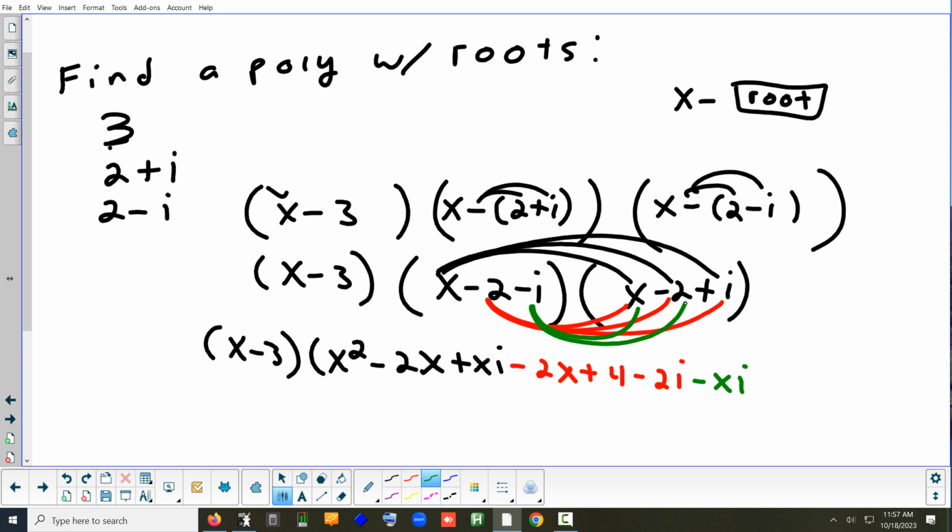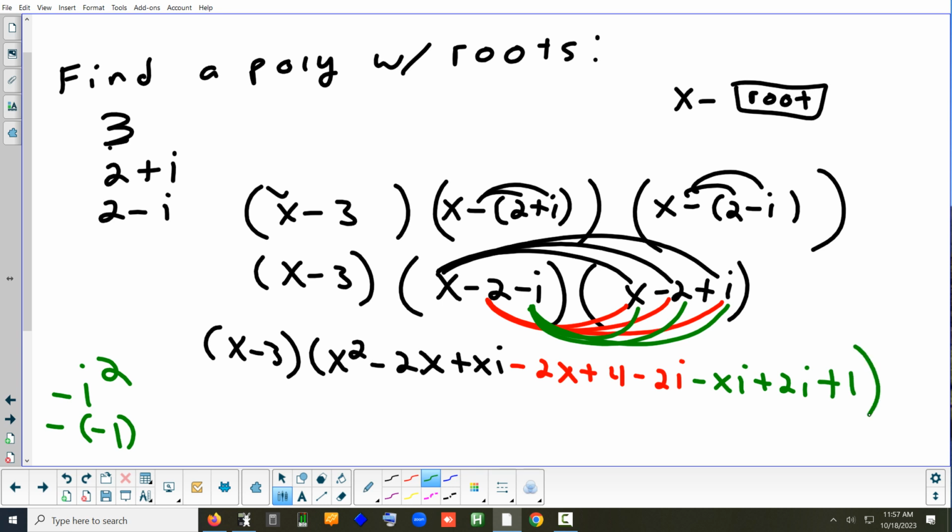Yep, plus 2i. And what's negative i times positive i? Negative i squared. And i squared is what number? Negative 1. So negative i squared really means negative negative 1, plus 1.